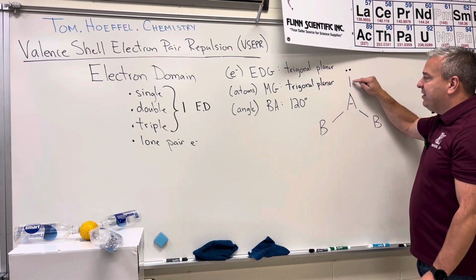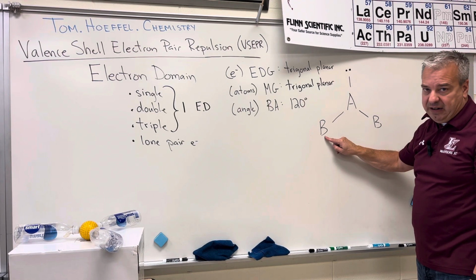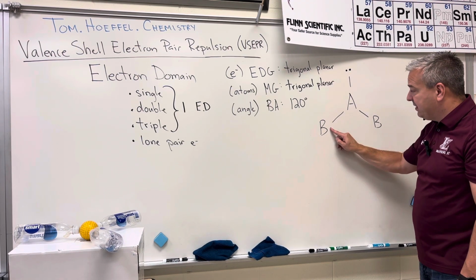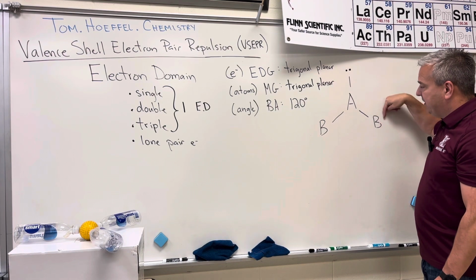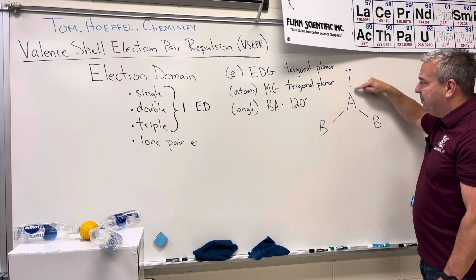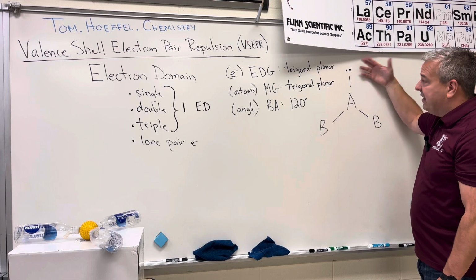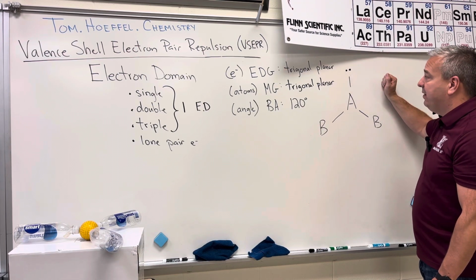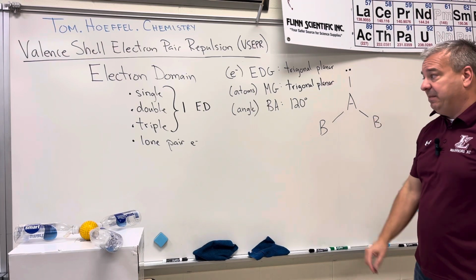The only way that this could be a bond is if there's another element on the other side of the line. So this is a bond because there's elements on both sides. This is a bond because there's elements on both sides. This is not a bond because there's not elements on both sides. All this is saying is there's just a lone pair. So remember, this and this mean exactly the same thing.